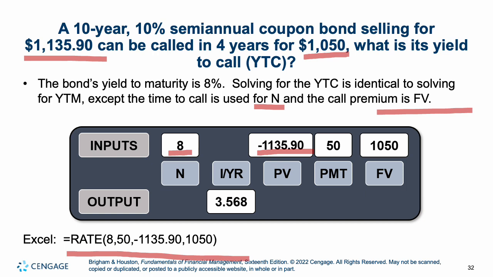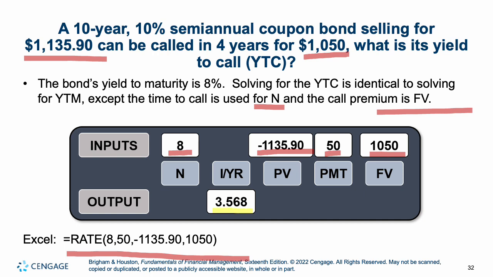Cut the coupon payment in half. Since it's 10% and it's a $1,000 bond, the coupon payment is $50. Future value is not $1,000, but it's $1050 because there is a call premium. You're going to get more money than you would have had it been retired at maturity, because it got called earlier. So put all of that in, and what do you get? You would get a yield to call of 3.568%.